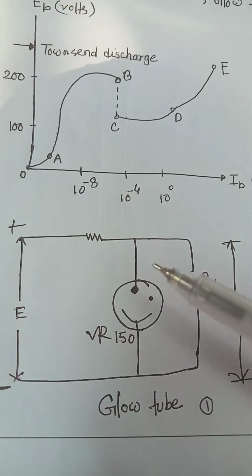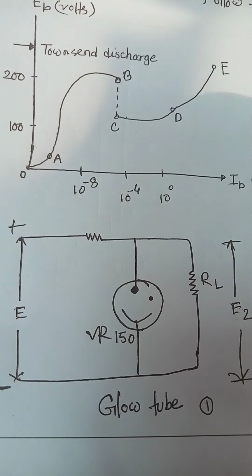After the glow discharge, the voltage across the tube no longer remains constant. Now, if the supply voltage is raised, not only will the circuit current increase, but the voltage across the tube will start to rise again.